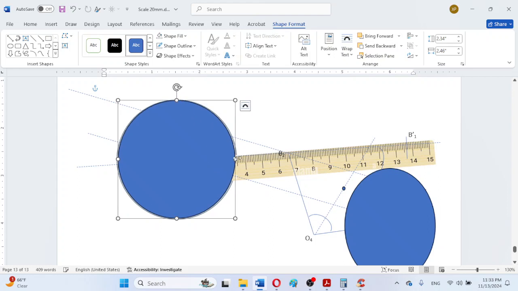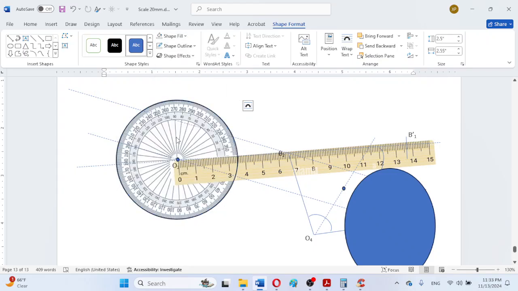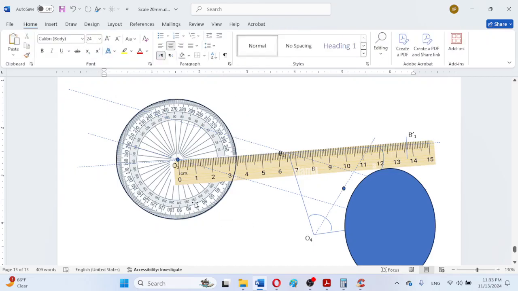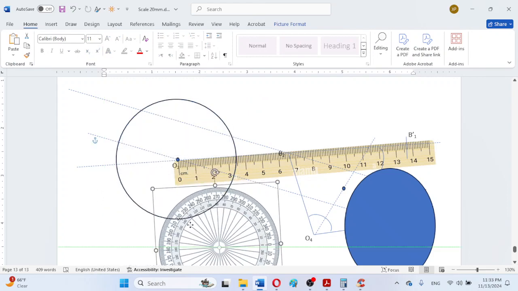Here like this. You can use shape fill to no fill. So in this way, now the protractor can be moved out.